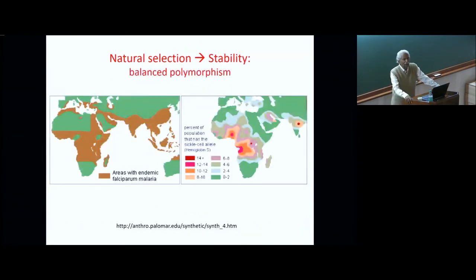Another famous example, worked out in great detail in terms of its implications for genetics. If you look at the 2 maps, you see this striking correlation between malaria-prone areas, at least areas which were malaria-prone historically, and the prevalence of a particular form of genetic constitution in human beings known as sickle cell anemia.